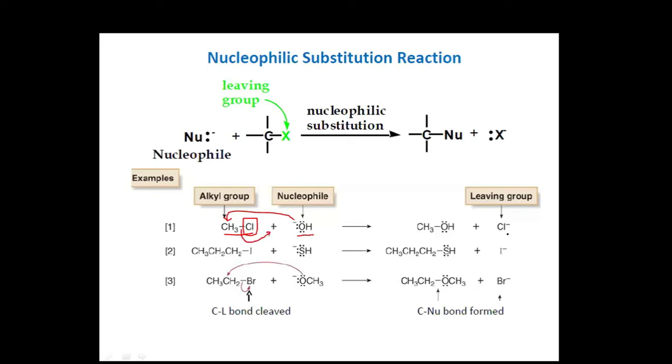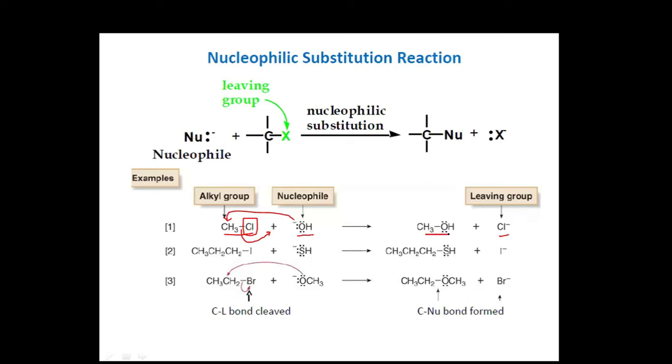A new bond forms between the carbon and the oxygen.